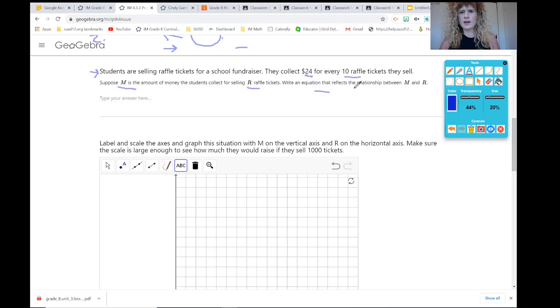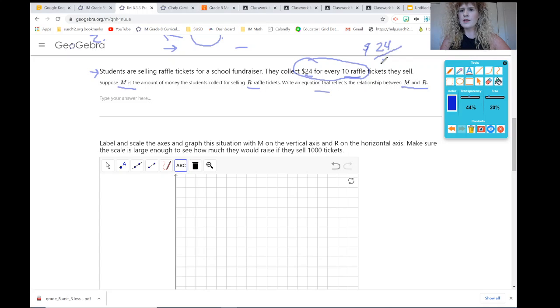Write an equation that reflects the relationship between M and R. Okay, so what information are we given? We're given that they collect $24 for every 10 raffle tickets. That sounds to me like a rate. Don't you agree?